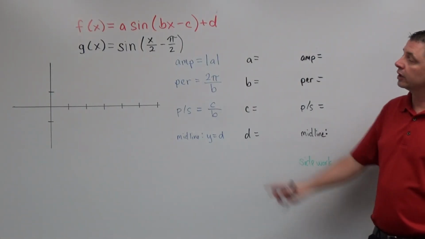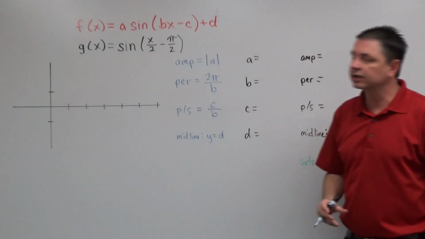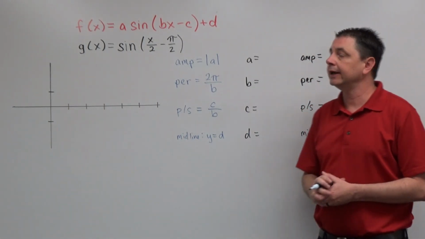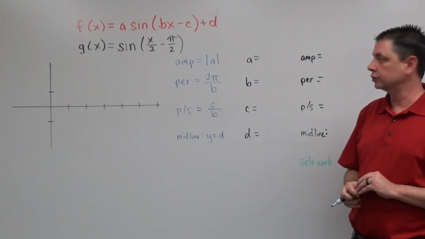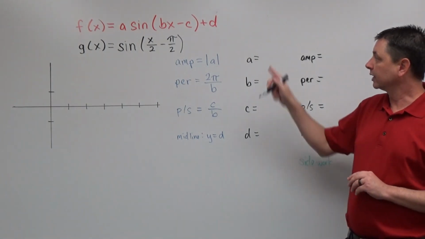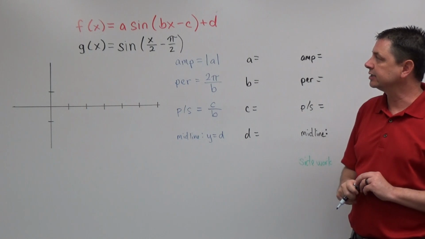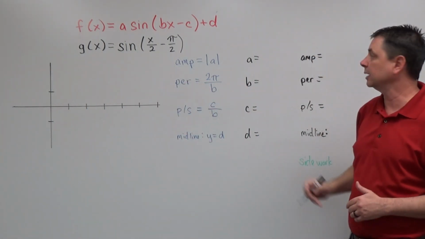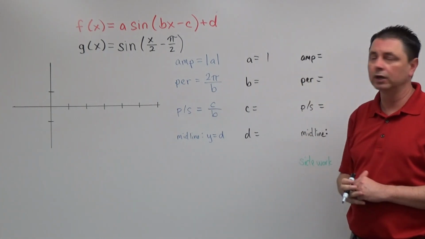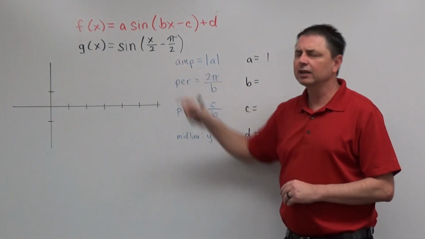For our next graph, we're going to step it up a little bit. It's going to be g of x equals sine of parentheses x over 2 minus pi over 2. So again, we'll start by identifying a, b, and c. In front of the sine, it just means 1 times sine. A is 1. B right there, a little tricky.